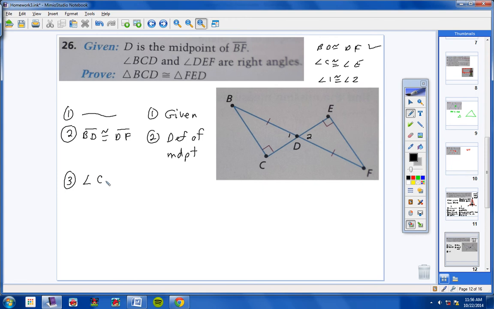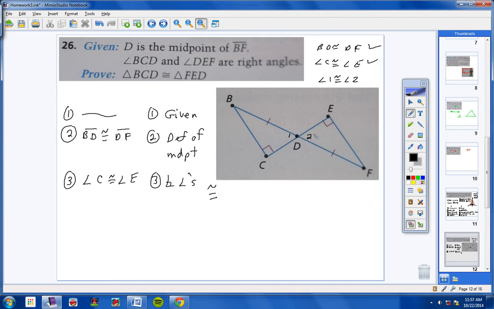So angle C is congruent to angle E. And of course, my reason would be right angles are congruent. Now let's check that off.